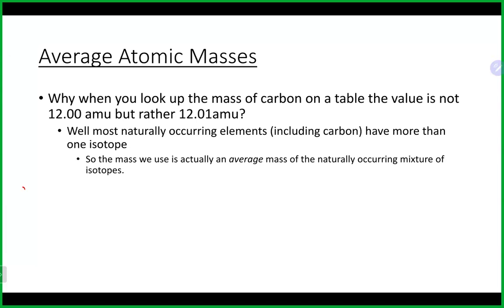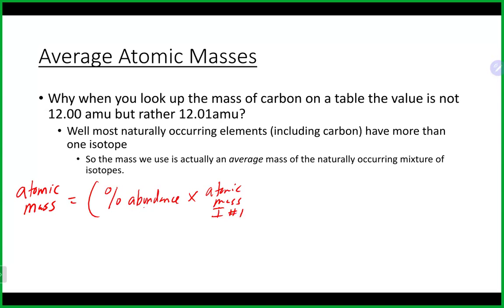by taking the atomic mass of an element is equal to the percent abundance of that isotope times the atomic mass of, say, isotope number 1, and the percent abundance of isotope number 1.